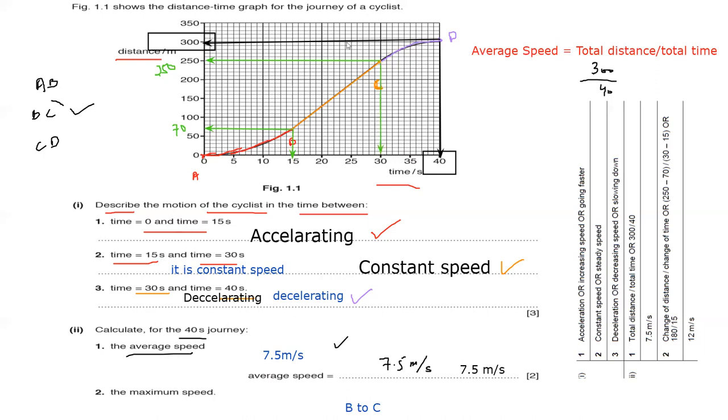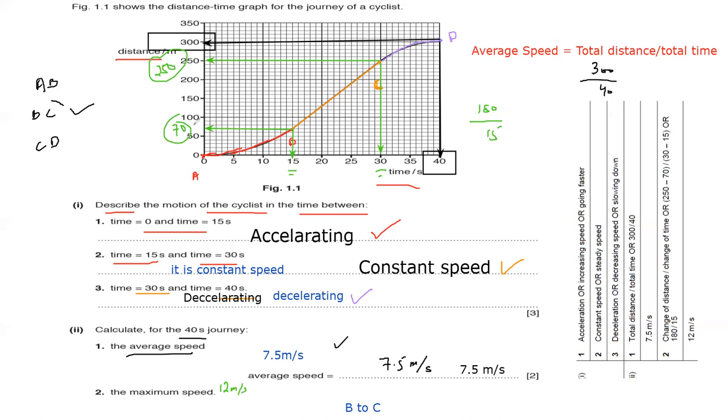So moving from B to C, the distance traveled will be 250 minus 70, which is equals to 180. And the time interval from 15 second to 30 second is 15. So 180 divided by 15, what we'll get? The maximum speed will come out as 12 meter per second.